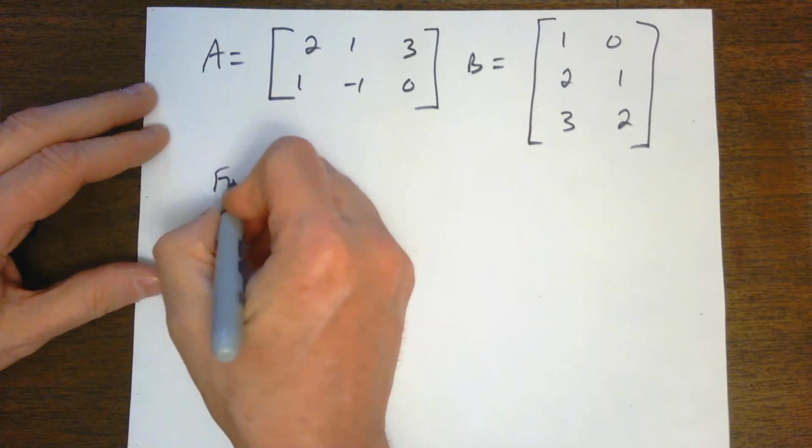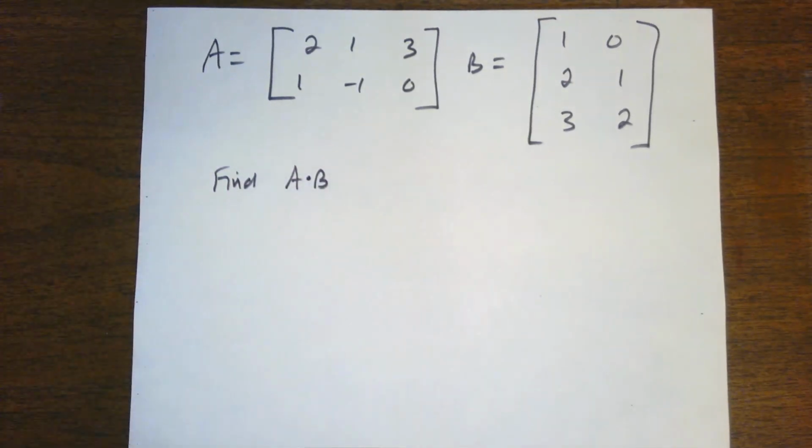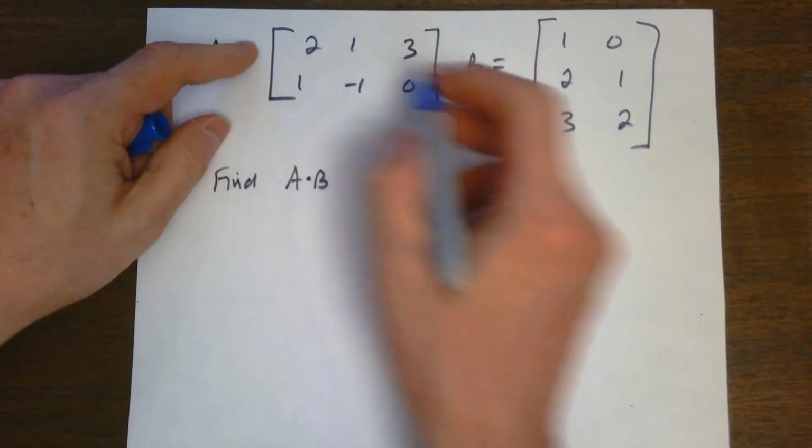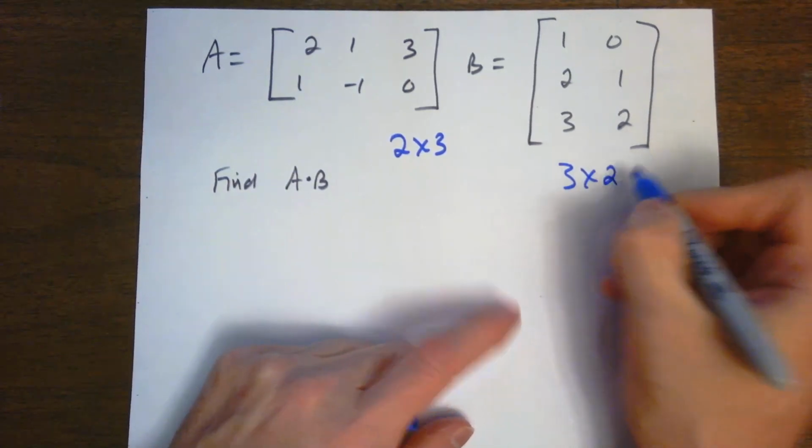I want you to find A times B. Multiply the matrices together. All right, so the first thing I'm going to do is ask, can I actually do that? The dimensions here are 2 by 3. The dimensions here are 3 by 2.